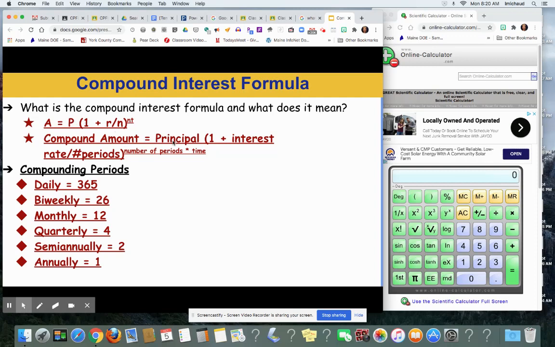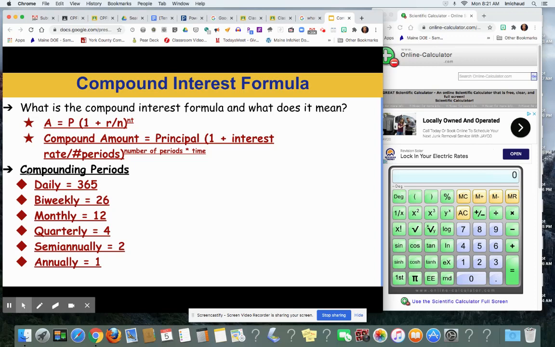So the P stands for the principal. 1 is a stagnant number, stays the same, plus the interest rate over how it's compounded, okay? So this is the number of compounding periods, also known as compound frequency. And it's raised to the number of periods times the time. So once we plug numbers in here, I think you'll get the hang of it.